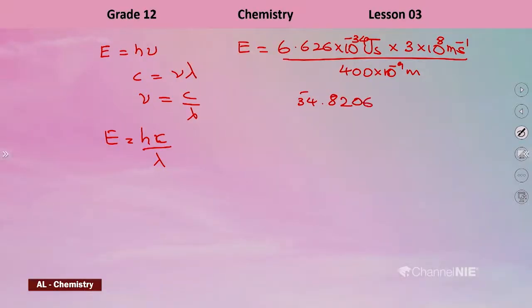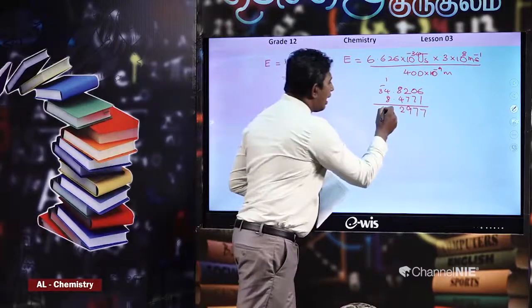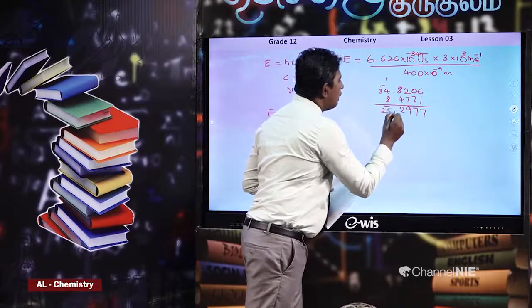I have 8206 there. So then it's bar 8 point. You need to find the log of 3. It is 4771. Let's add them together. It's 7, 7, 9. It's 12 here. So then it's plus 1 you need to add there. Then it's plus 9 with bar 34. It's bar 25 it's going to be.